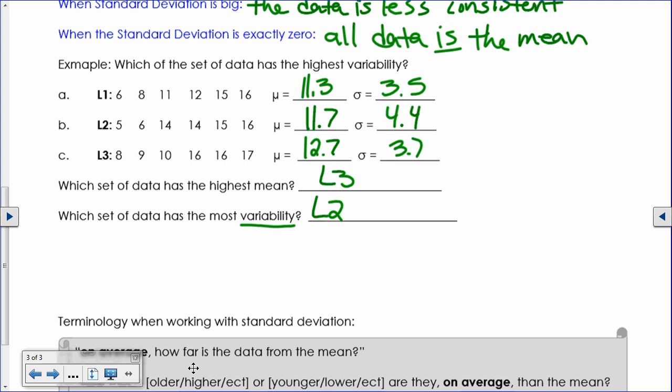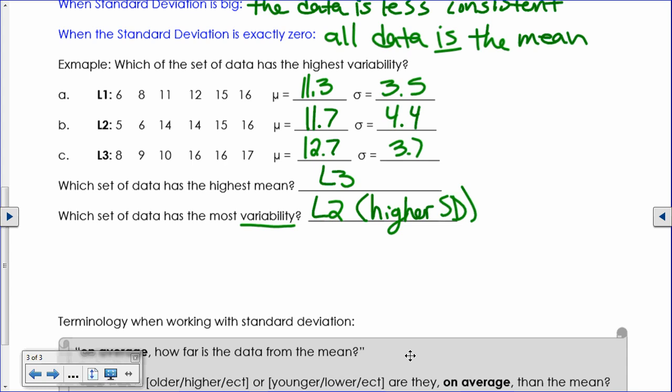Varied means different or kind of not similar. So when they're asking for the most variable set, they're talking about which one's spread out the most. And how do you tell which one's spread out the most? The higher standard deviation. We usually abbreviate standard deviation as SD. So if you see that, that's what that means.